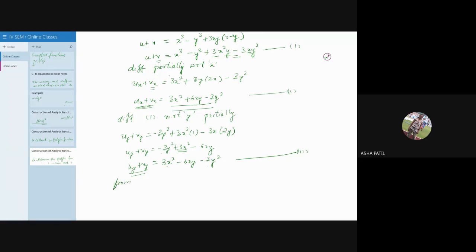From CR equations, what is uy equal to? Minus vx. Yes. And vy is equal to ux, right?